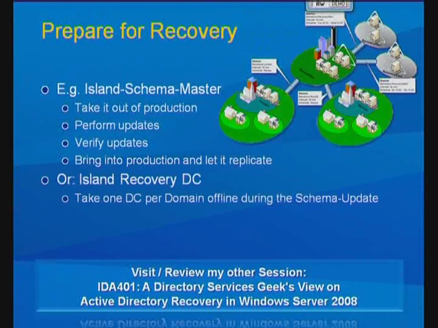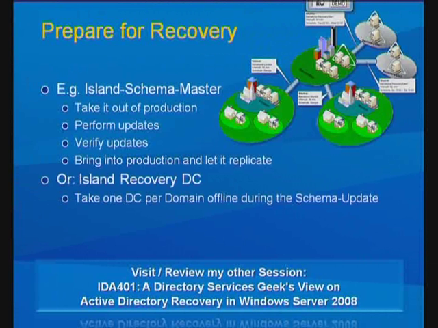And so I would recommend, if you are not sure that no application is running against this DC, then just install a new DC, use virtualization technologies to get one DC per domain up and running, and let it replicate for a week or something.